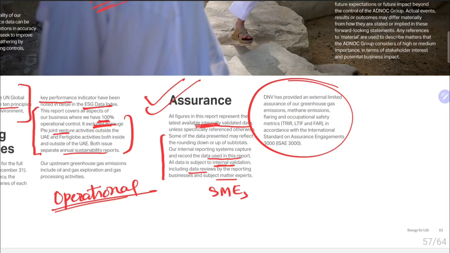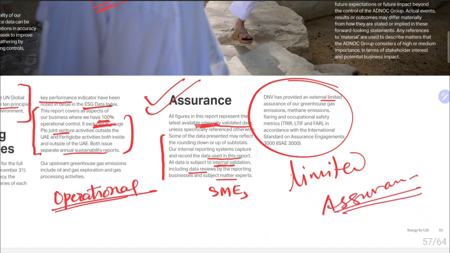Okay, then this is very important. What external party was involved? So DNV has provided an external limited assurance. Which assurance? Limited assurance only. For GHG emissions, material topics, methane emissions, flaring, occupational safety metrics: total recordable injury rate, lost time injury frequency, and fatal accident rate, in accordance with the international standard of assurance.